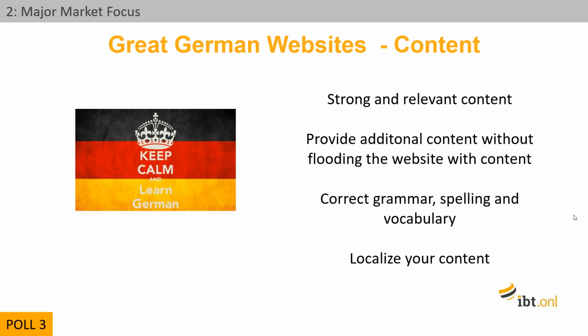Yeah, and besides that, in the German market, correct grammar, spelling, and vocabulary are an absolute must for a good impression. In Germany, your website represents your brand and your business, and low quality or poorly translated content gives the impression of a low quality product, and you don't want that in the market. And our last point is localization.